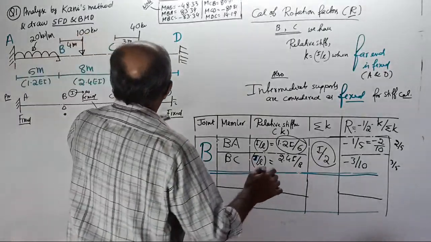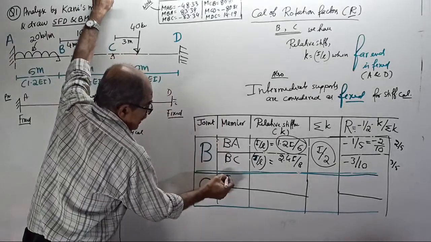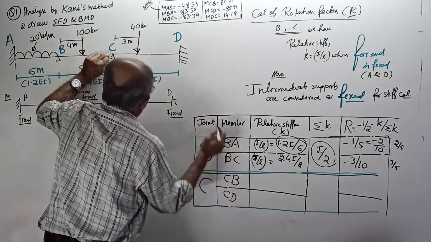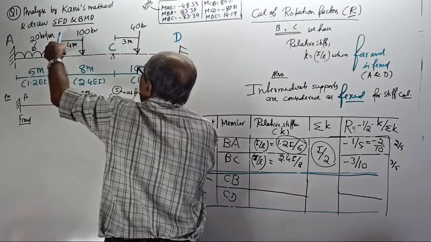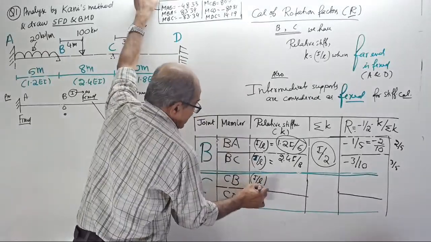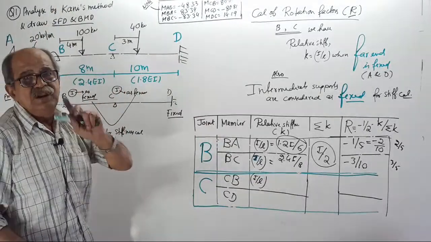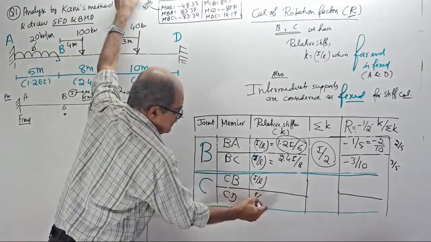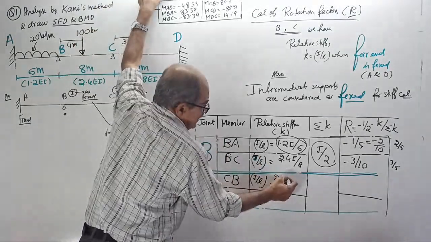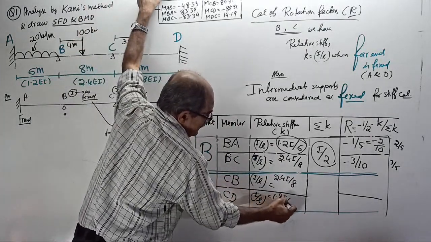Now start. Same way, do at C. First I will do CB, one member. Other member, CD. When I do for CB, far end B is intermediate, considered as fixed I by L. When I go for CD, far end D is absolutely fixed I by L. This is 2.4I by 8, this is 1.8I by 10.